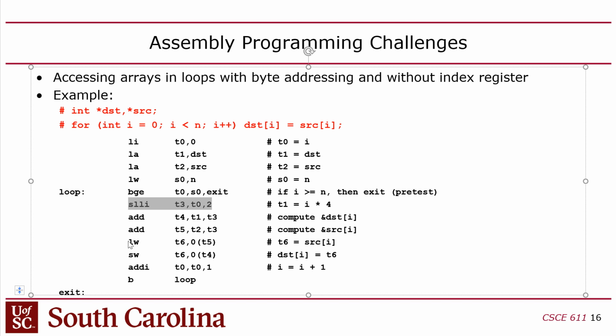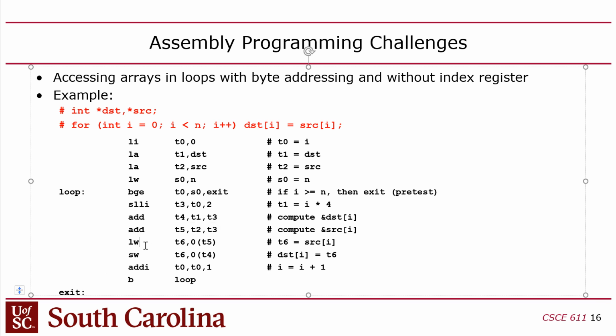The next two instructions add the value of I times 4, which we just calculated, it's now in T3, to the base address of both source and destination, which are in T1 and T2, which allows us to subsequently load a word from source of I and then store the same value to destination of I.